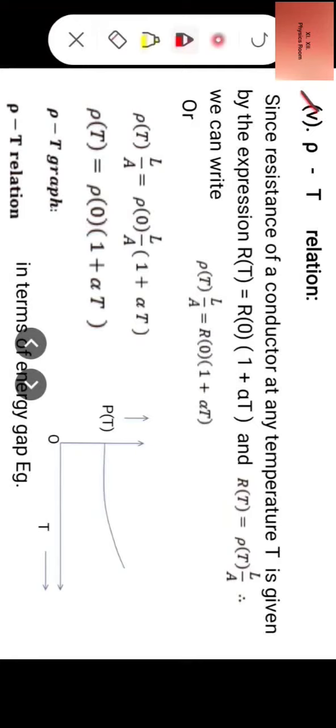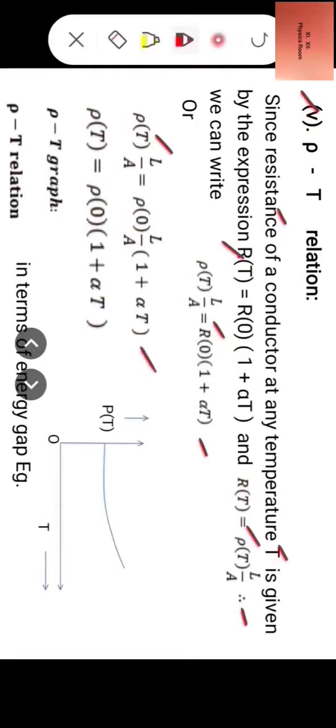Fifth, ρ-T relation. Since the resistance of a conductor at any temperature T is given by RT is equal to R0 into (1 plus alpha T), and also RT is equal to ρT into L by A, therefore we can write ρT into L by A is equal to R0 into (1 plus alpha T), where we can write R0 as ρ0 L by A. So here we get ρT into L by A is equal to ρ0 into L by A into (1 plus alpha T).